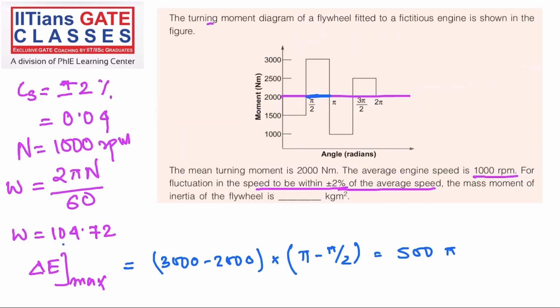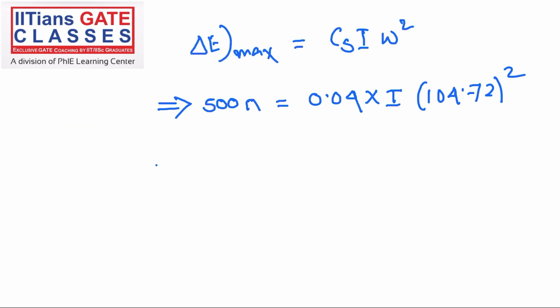Let us calculate the value of I. 500 pi divided by 0.04 divided by 104.72 whole square is coming out to be 3.58 kg meter square.